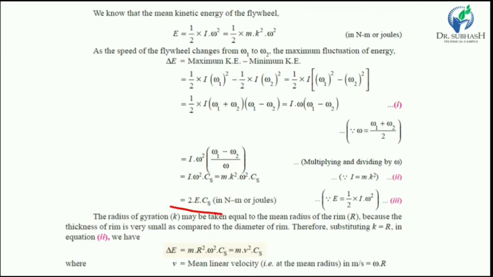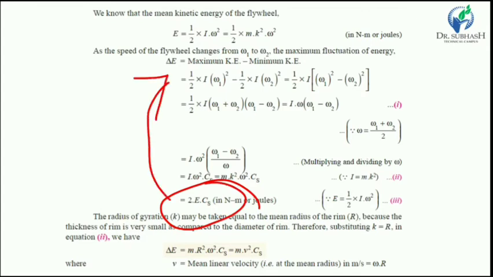And in other terms, we can say that one half of I omega square is equal to E, the kinetic energy of the flywheel. So this is also an equation of maximum fluctuation of energy of a flywheel: 2 E CS.